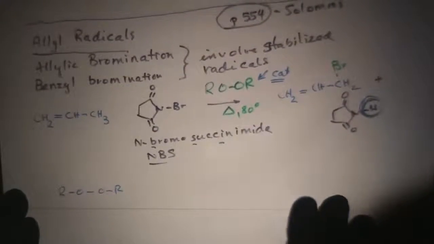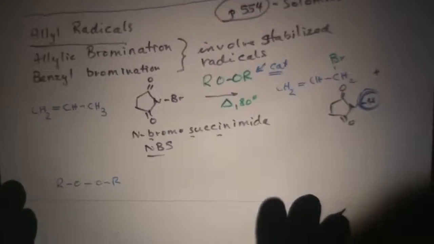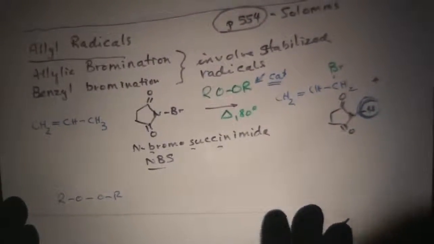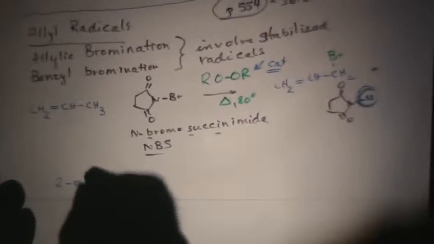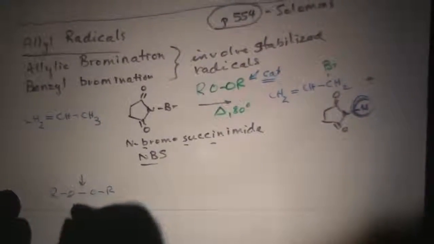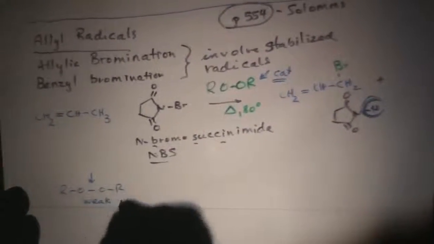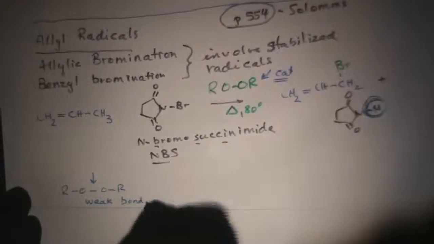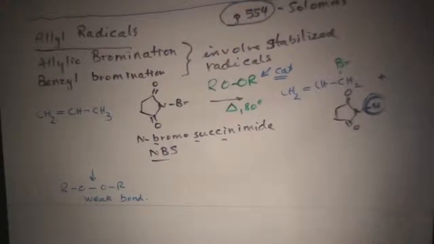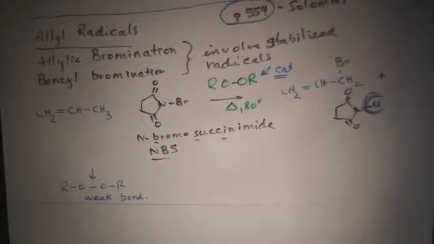And in your lab, in the introduction to the lab, they probably tell you that this is a weak bond. And I can confidently tell you that I know that this is a weak bond.